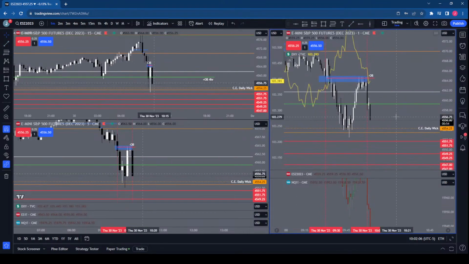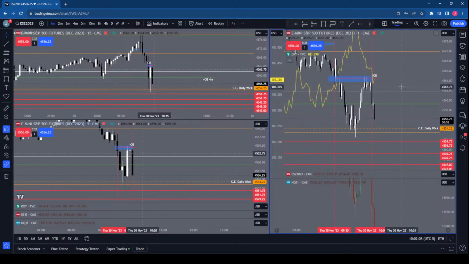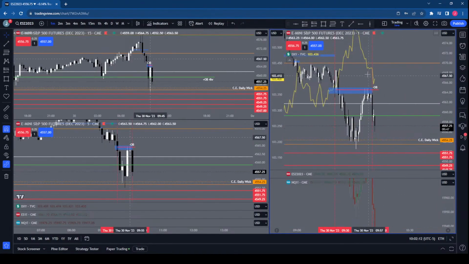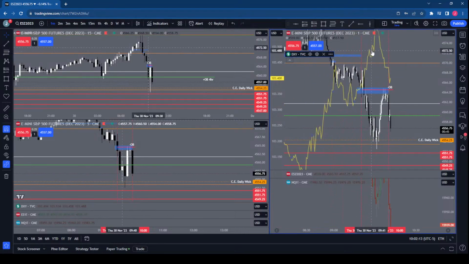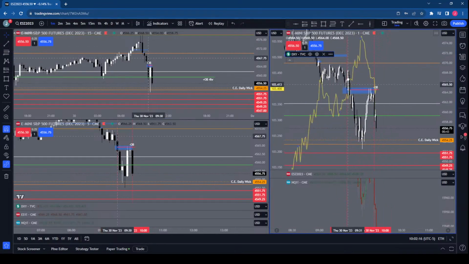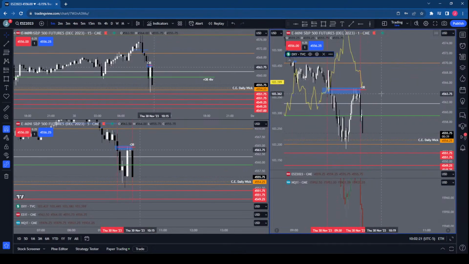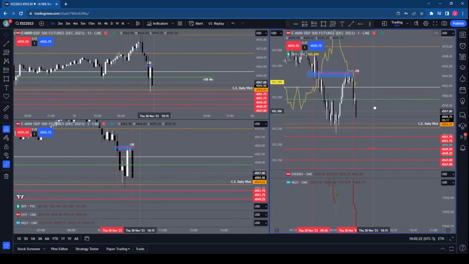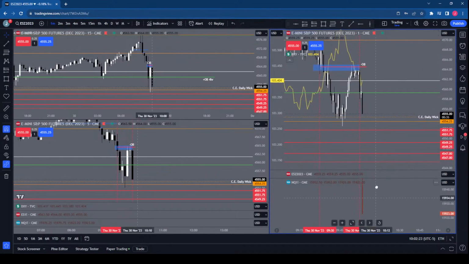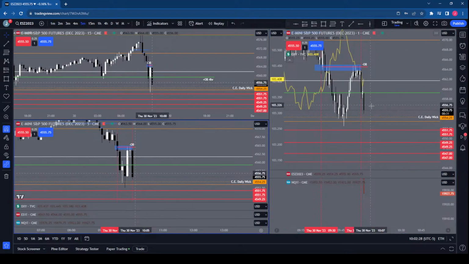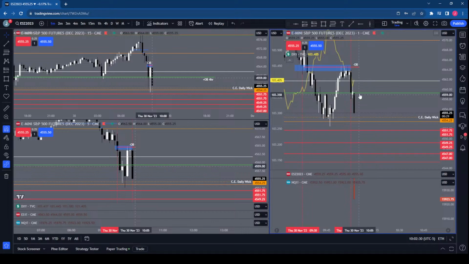So I like the delivery, the market structure to the downside. The dollar, I wish it was pumping higher like it was previously. NASDAQ is getting really heavy. Let's see what ES does.